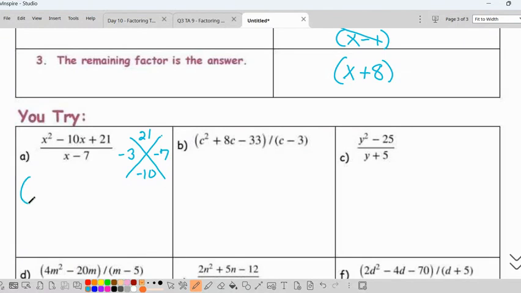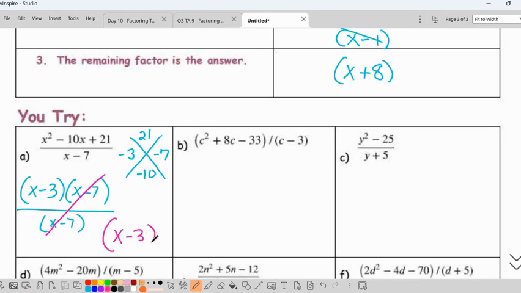I'm going to rewrite that as x minus 3 and x minus 7. And on the bottom, I have x minus 7. x minus 7 is my common polynomial, so I'll factor that out. And we're left with x minus 3. And this is my final answer.